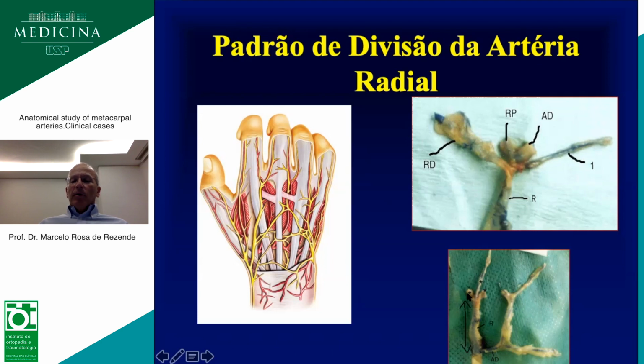One is the princeps pollicis, which goes to the thumb, and the other branch is the first metacarpal artery that comes straight from the radial artery, and the third branch is the one that is going to compose the deep arterial branch of the palmar aspect of the hand.